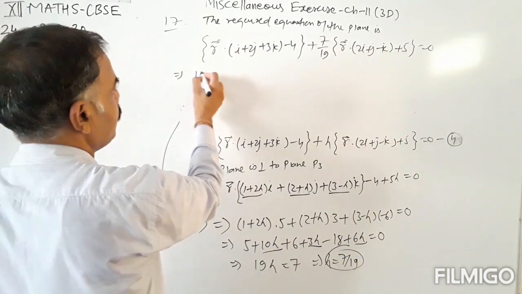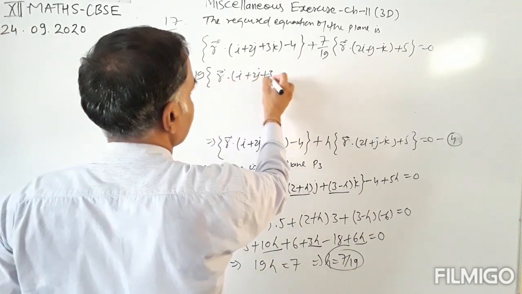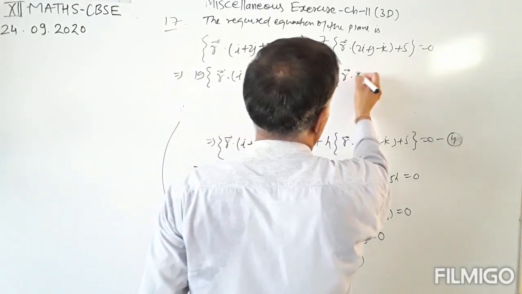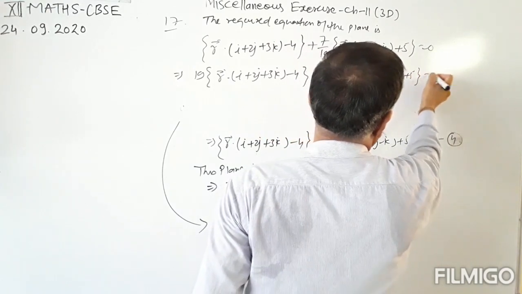Solving this, we will have 19 into (r vector dot (i cap plus 2j cap plus 3k cap) minus 4) plus 7 into (r vector dot (2i cap plus j cap minus k cap) plus 5) equals 0.